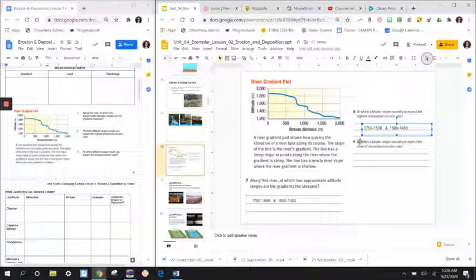So your answers for number 7 and 8 would be the same. And then number 9, at which altitude ranges would you expect the slowest stream bed erosion to be? So where not much erosion is happening is where the stream bed is more shallow. So areas where that is occurring would be here.